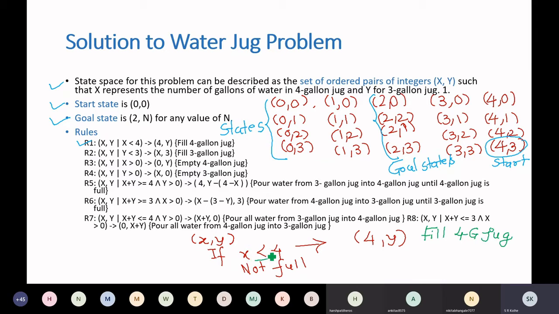So if it contains less than 4 gallons of water, you can fill it completely by using a pump, and I will call that rule number 1, which says: fill the 4-gallon jug. Mathematically, I write that as (x, y) such that if x is less than 4, that gives (4, y).